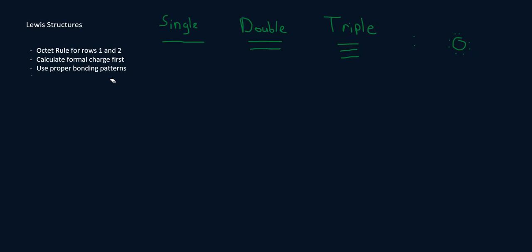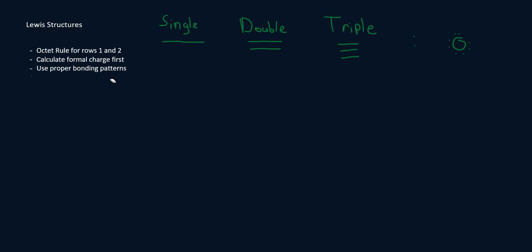And for certain elements, they can't have any more than 8. So for elements carbon, nitrogen, oxygen, fluorine, they cannot exceed 8 electrons around them. You cannot break the octet rule with those 4 elements.